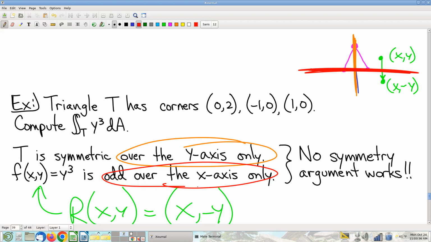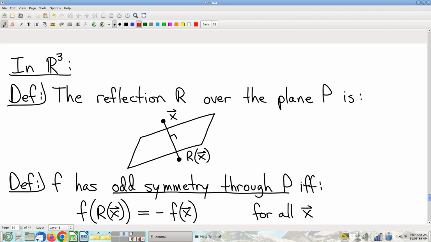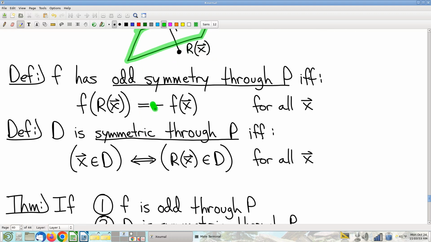All right. Lastly, I just want to point out, and this is very quick, there is an equivalent idea in 3 dimensions. It's exactly what you think. We reflect through planes instead of lines. Odd symmetry still means the reflection gives you a minus sign in the function.